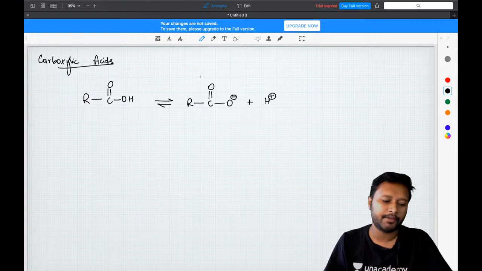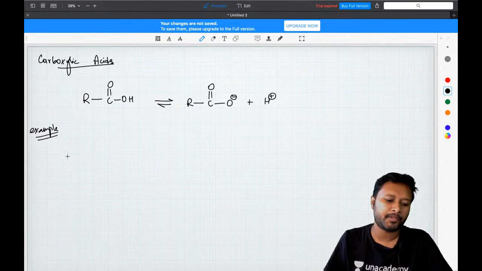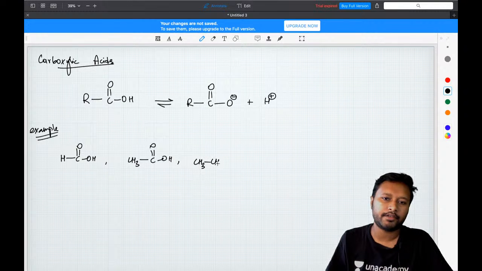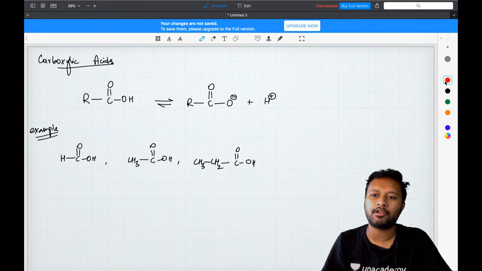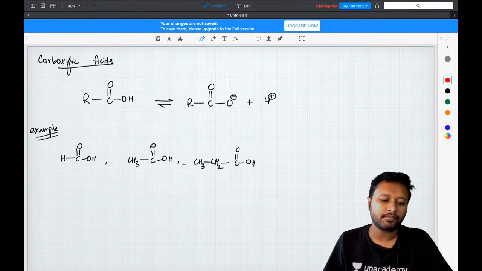For example, if I give you HCOOH, then CH3COOH, then CH3CH2COOH, and I have to arrange them according to the order of acidity.